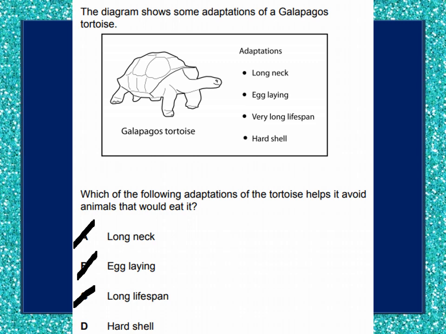Or a hard shell. Okay, that hard shell protects that tortoise, does not let anything break it and get into his soft body under there. So the answer is going to be D. Hard shell is a structural or physical adaptation that helps a Galapagos tortoise avoid being eaten.